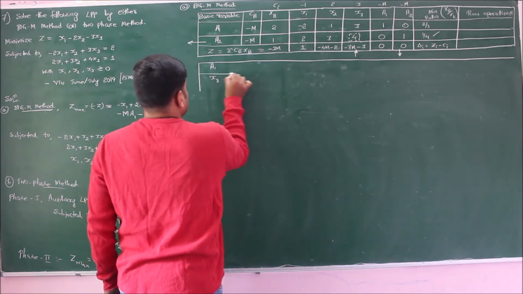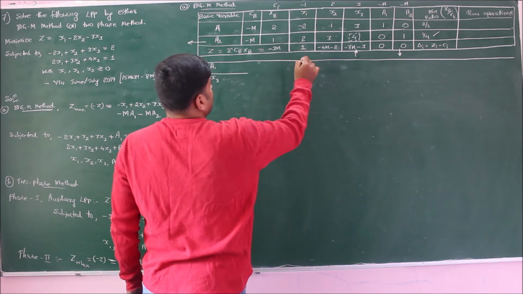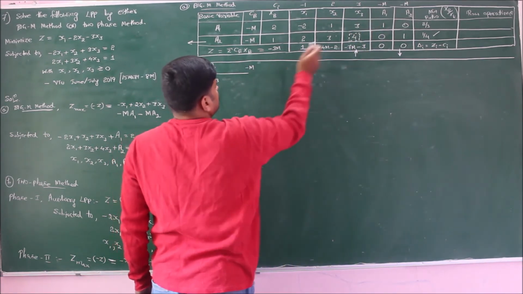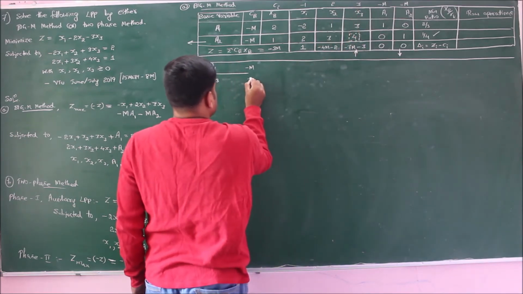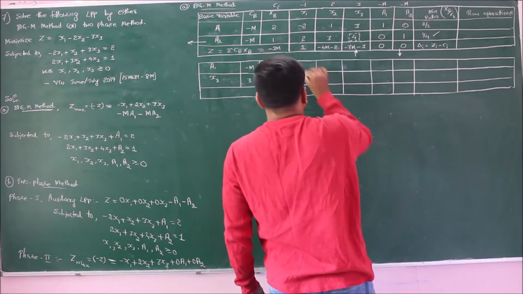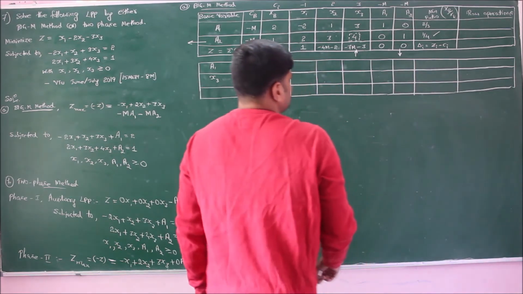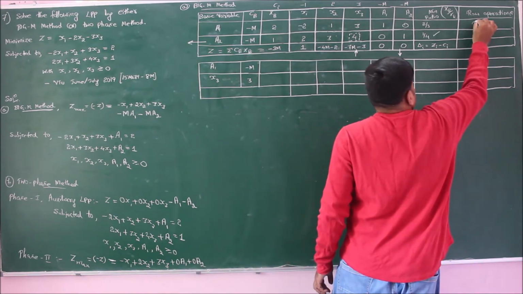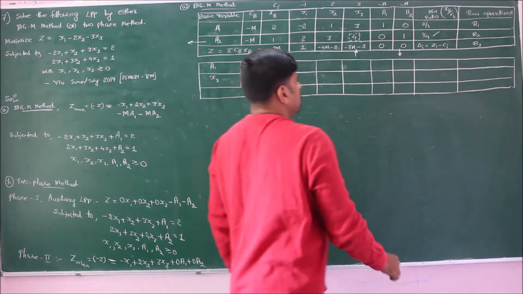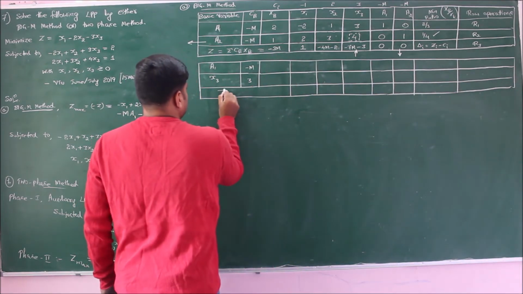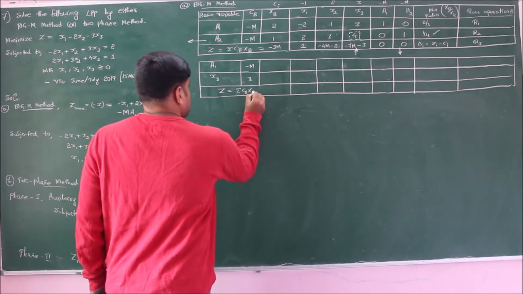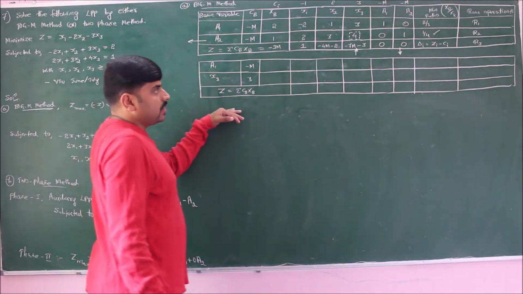And now the coefficient of a1 is minus m and the coefficient of x3 is 3. Let us consider these as row 1, row 2 and row 3. We should calculate the value of z, that is the summation of Cb xb, which I should calculate by row operation.